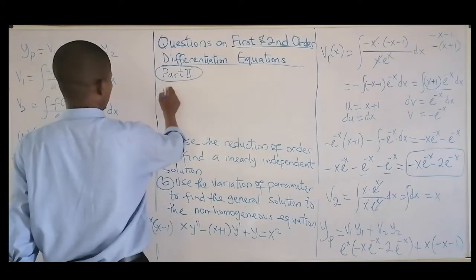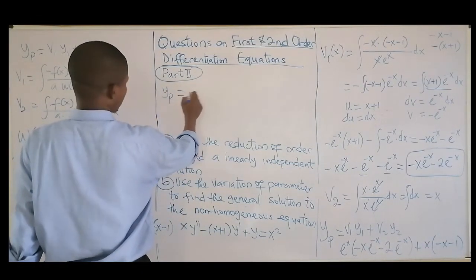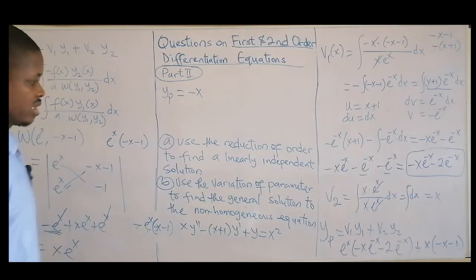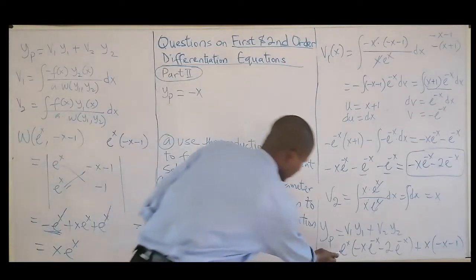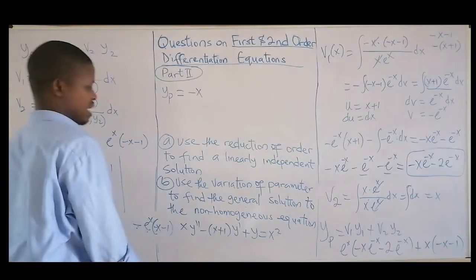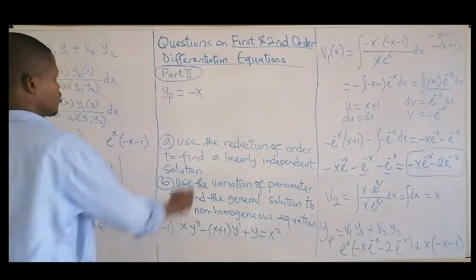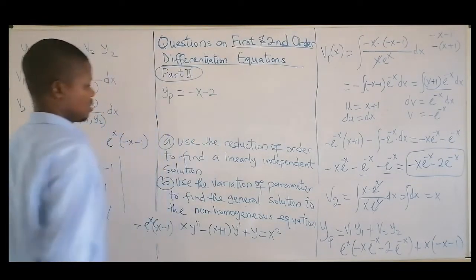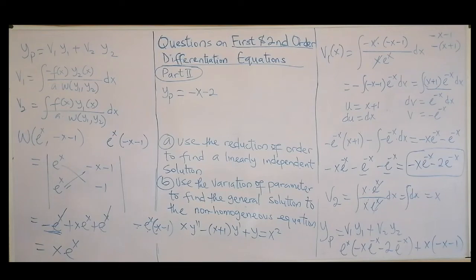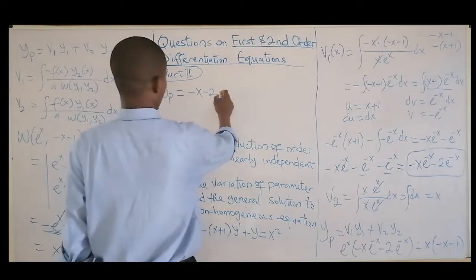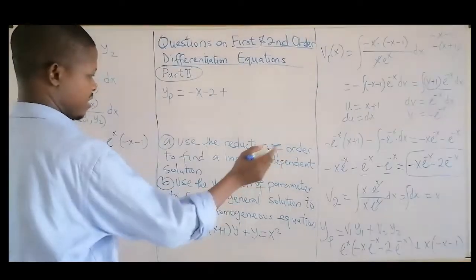You just have yp equal to what? Equal to minus x, okay, times 1. Then this one also, this one times this one, so that one also cancels. Just have minus 2, okay, we have minus 2, then plus plus. Let's do the expansion for that one.